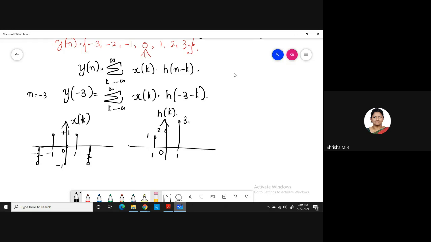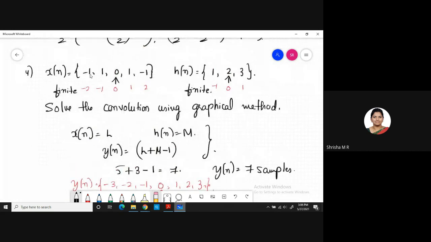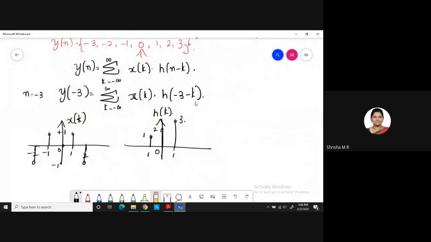Right? So this is our x of k and h of k. So we have taken x of n and h of n and plotted accordingly x of k and h of k. Now you have to plot h of -3 minus k and check the overlapping space between x of k and h of -3 minus k. Whatever is overlapping, that is your y of -3.